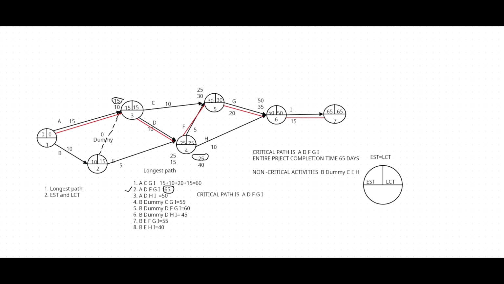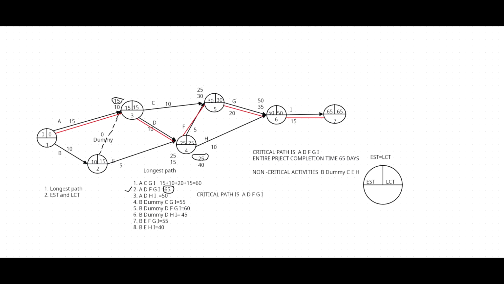Then 20 plus D 10 is 30, 35 plus 20 is 55, plus 15 is 70. Now you can see the entire project completion time becomes 70 if you delay the critical activities A, D, F, G, I.